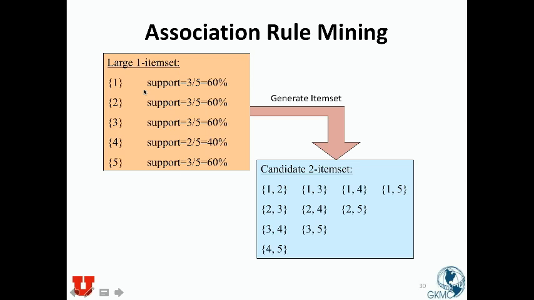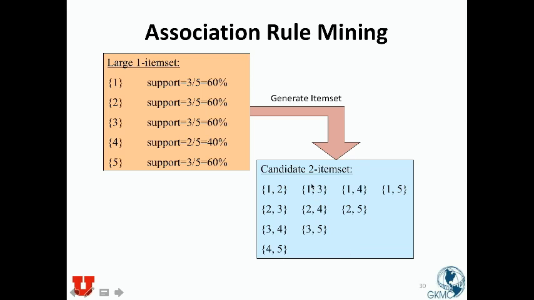And remember, from large one-item sets, to generate candidate, possibly large two-item sets, we just take every unique combination of 2. So 1, 2, 1, 3, 1, 4, 1, 5. We will not include 6 here or include 7, 8, 9, 10 because they were not large.